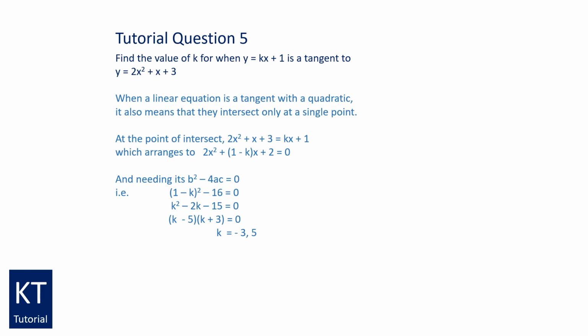At the point of intersect, the 2 equations will need to be equal to one another, and through rearrangement such that you see a quadratic equation being equal to 0, you now need only to solve for when b squared minus 4ac equals 0 to obtain the required k values.